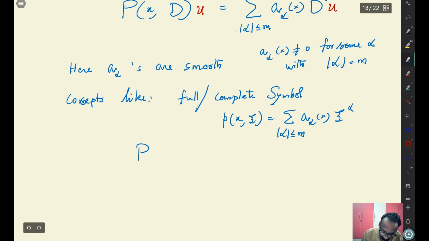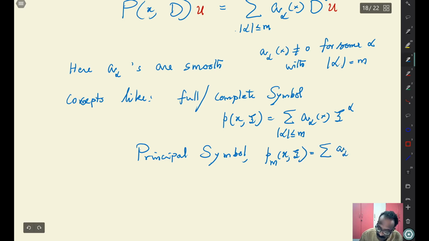There is also a notion like the principal symbol, P_m(xi), which has only the highest-order terms. These are all useful, though maybe not in this class. You know that even in second order you use the highest-order part to define ellipticity and all that.